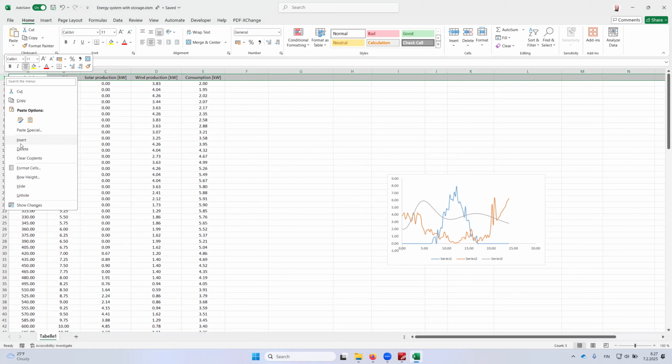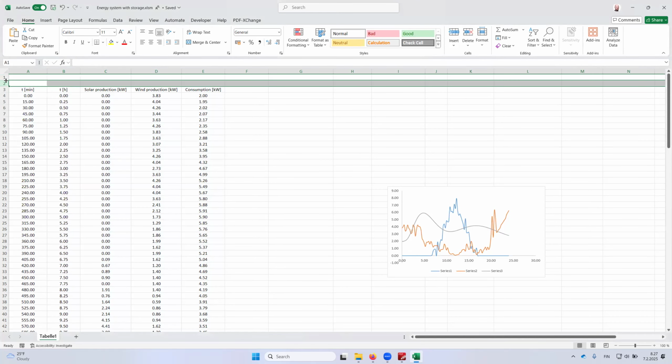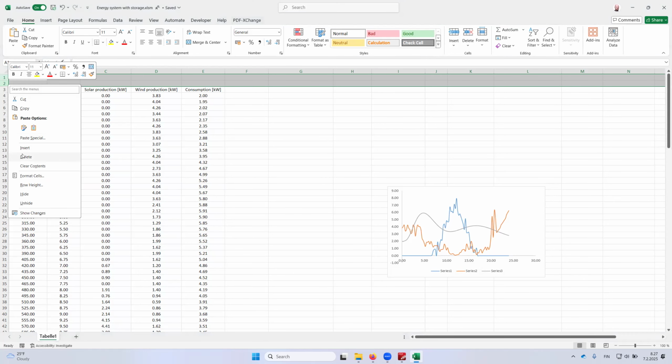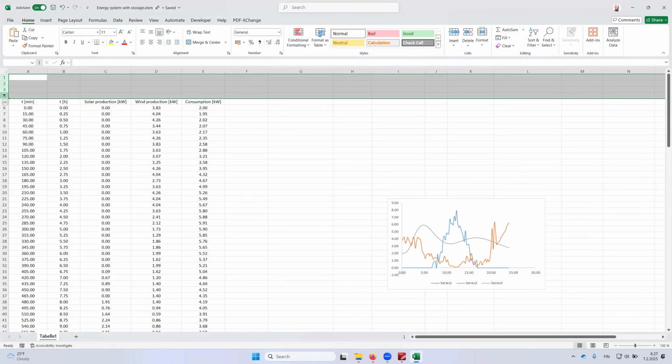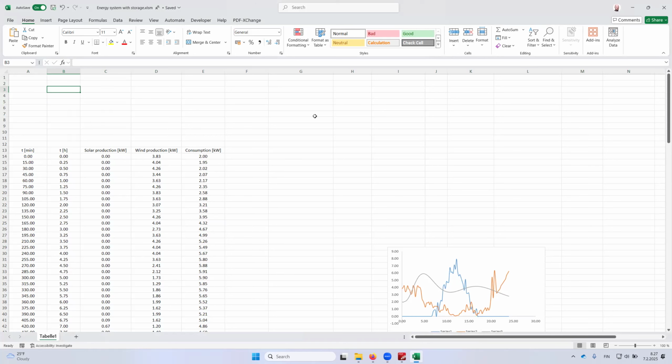So let's make a little room in here so I can put the initial values in here. Maybe like this. I'm going to say battery size. It's going to be 20 kilowatt hours. Or let's put maybe 10 in the beginning.